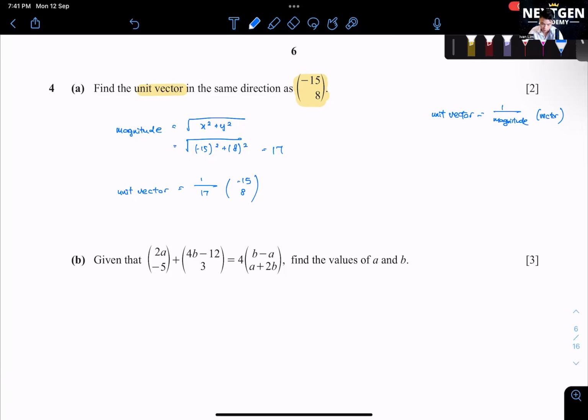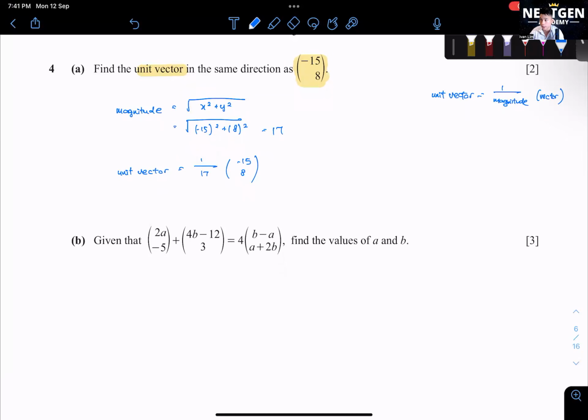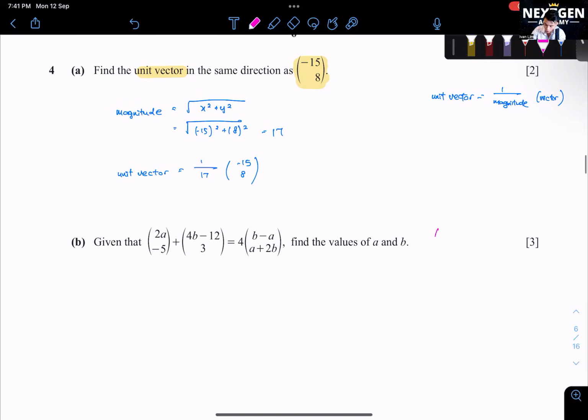For those who are doing maths, same thing also, this vector part. Given that 2a, negative 5, plus 4b minus 12, 3 equals 4b minus a, plus 2b, find the values of a and b. For vectors, you've got to remember that it's the x and y direction. So this is x, then this is y direction.